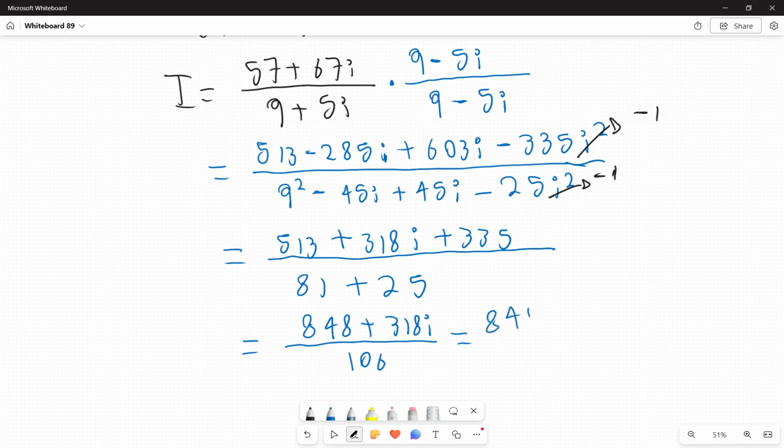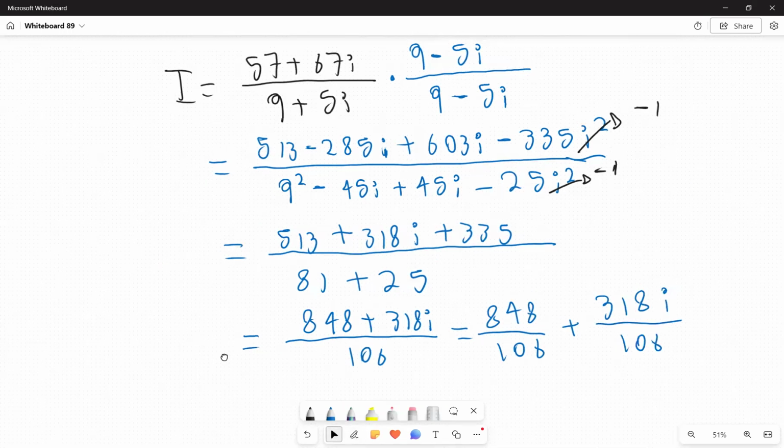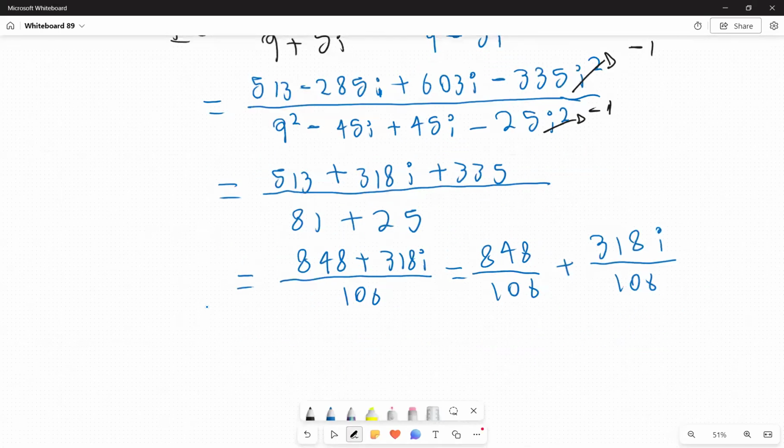The real part is 848 over 106, and the imaginary part is 318 over 106. 848 over 106 is 8, and that's the real part of big I. And 318 over 106 is 3.